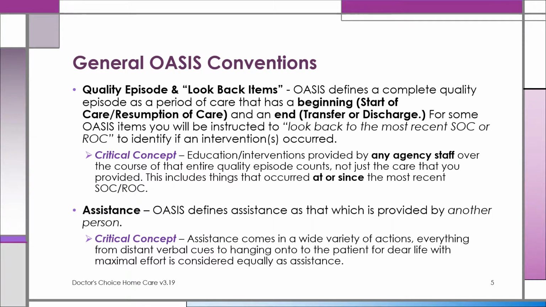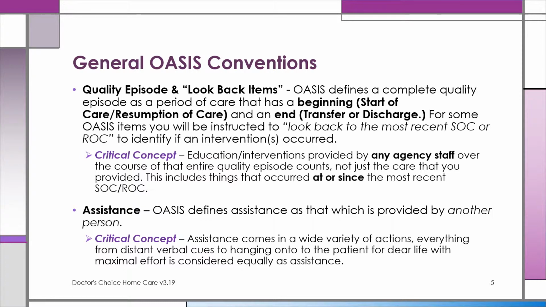Taking a look at what defines a quality episode and look-back items, an OASIS defines a quality episode beginning with a start of care or resumption of care and ends at either a transfer or discharge. For some of the OASIS items, you'll be instructed to look back to the most recent start of care or resumption of care to identify if an intervention has occurred.